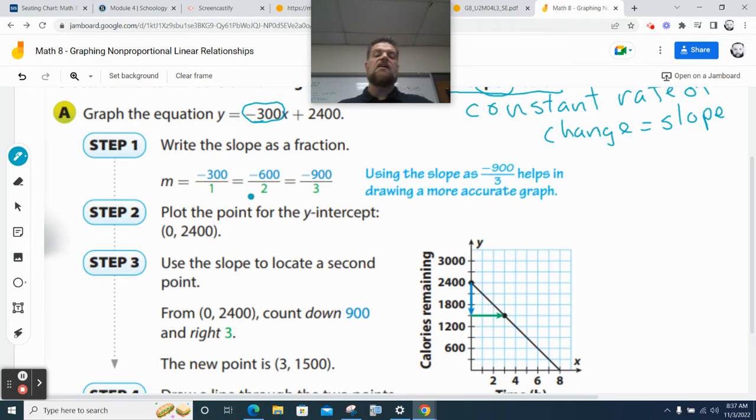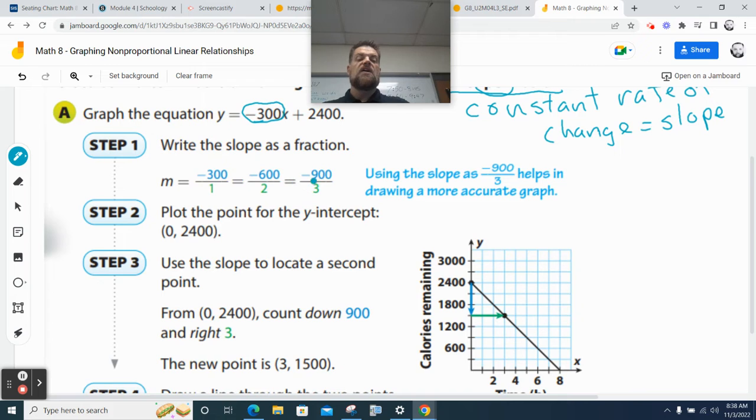So they said, all right, first of all, your slope is going to be negative 300 over 1, which is equal to negative 600 over 2, which is equal to negative 900 over 3. Using the slope helps in drawing a more accurate graph.